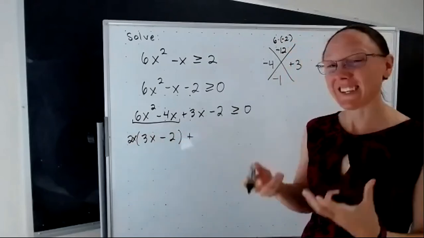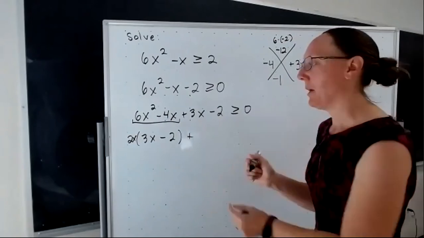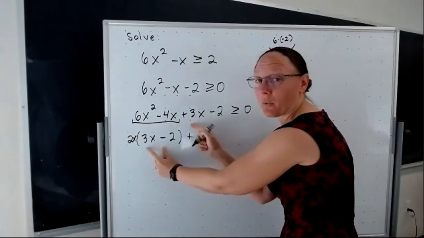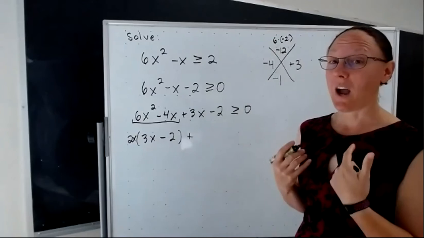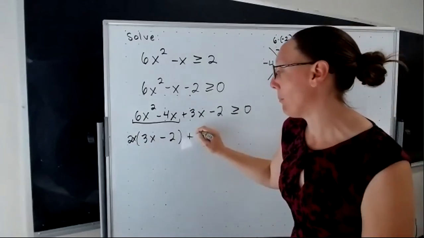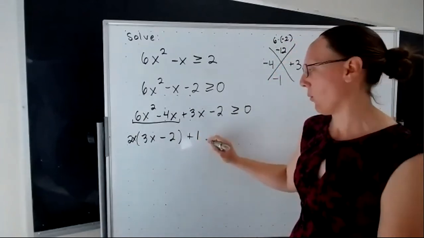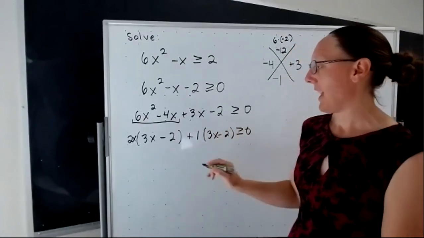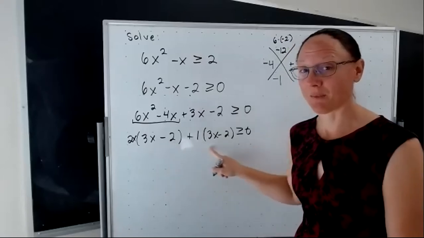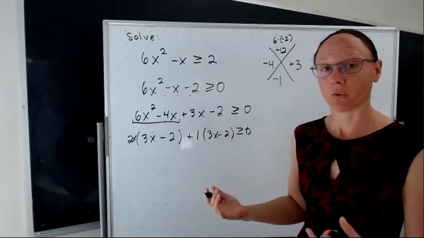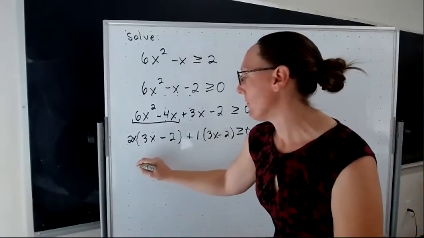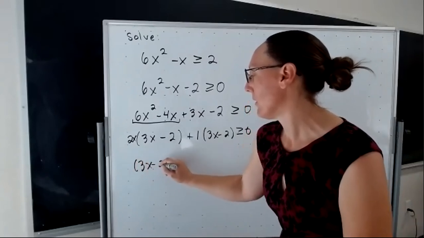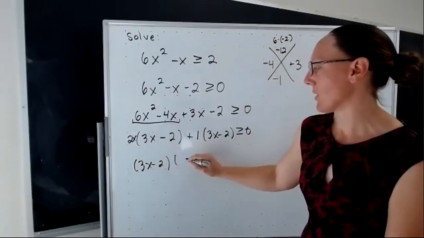Over here, there isn't really something to factor out, but I can see that I have that same 3x minus 2 term. So I'm going to just, for my personal satisfaction, write a 1. And then I can take that 3x minus 2, and since it's common to both groups, factor it out and be left with the 2x plus 1.